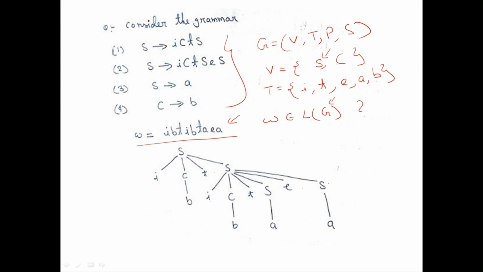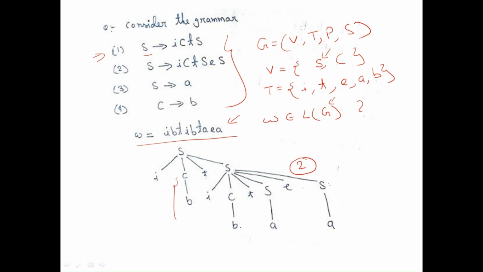So what can we do? From the start variable, we try to derive this string. Here you can see S is rewritten as ICTS by using production 1. Fine. Next, by using production 4, C is replaced by B. Again, S is rewritten as ICTSES by using production number 2.